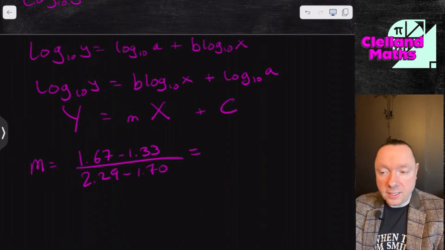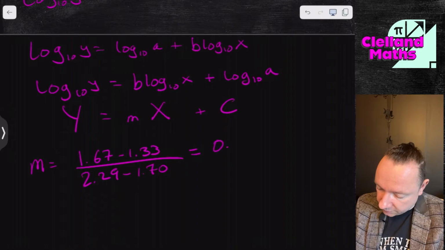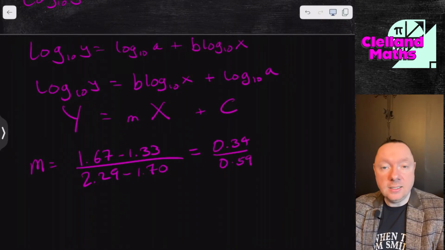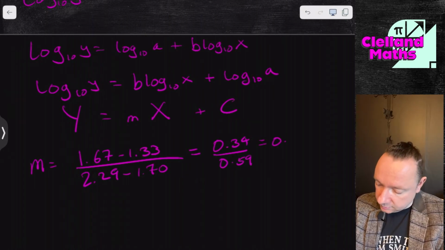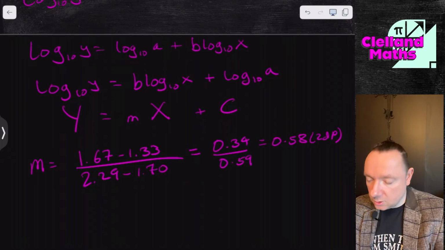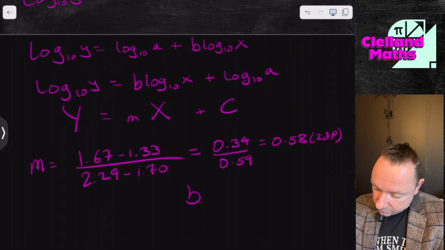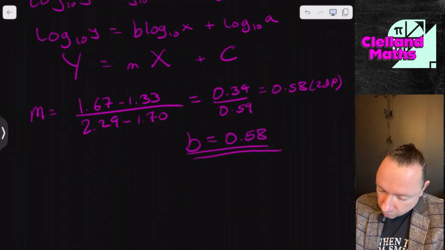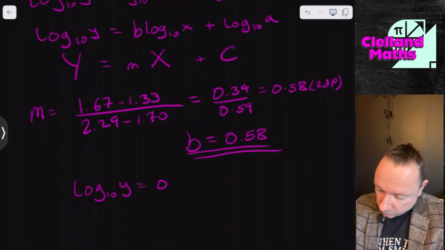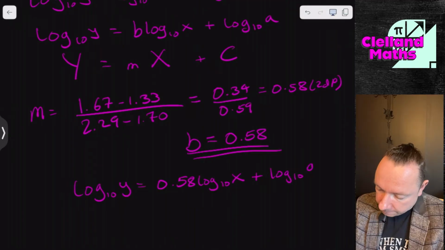Now that simplifies to 0.34 over 0.59, which is 0.58 to 2 dp. So that means that since m is b, b equals 0.58. So we've already got log base 10 of y equals 0.58 log base 10 of x plus log base 10 of a.